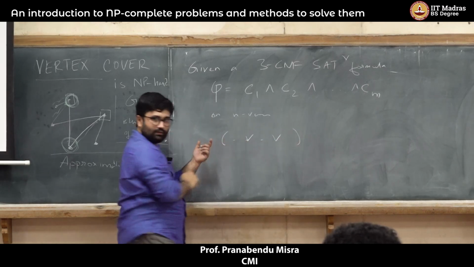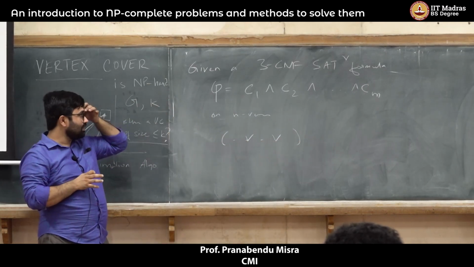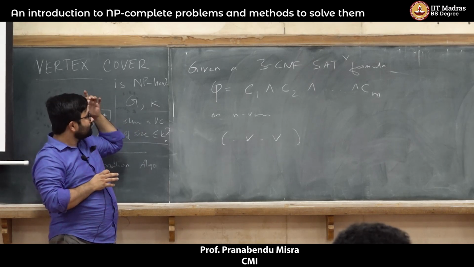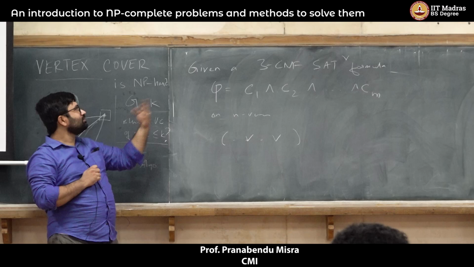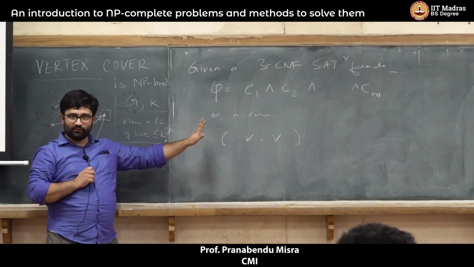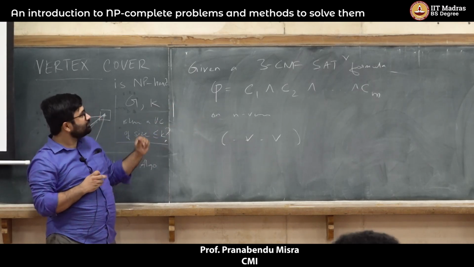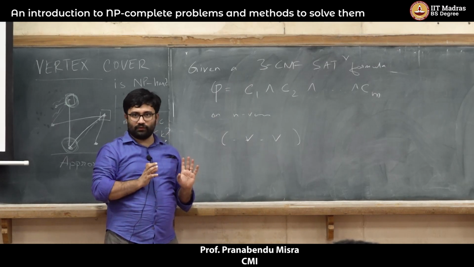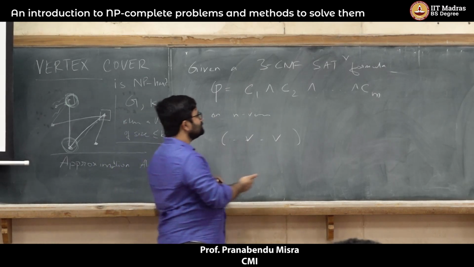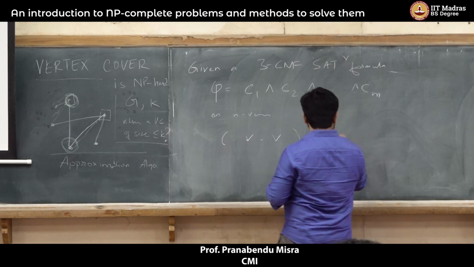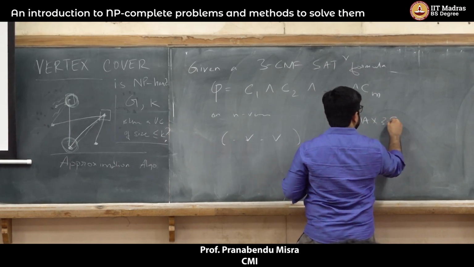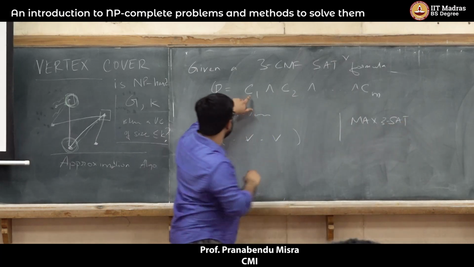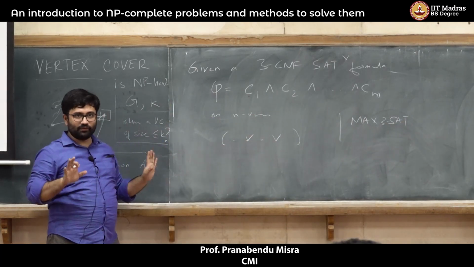Just like what Akanksha was talking about. Given this formula, find an assignment of the variables so that you satisfy a maximum number of clauses. That version is called max SAT, or rather max 3 SAT, because these clauses have length 3.